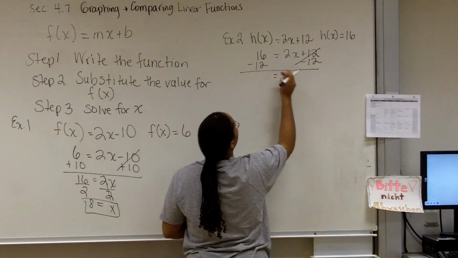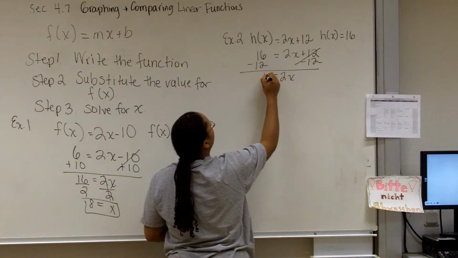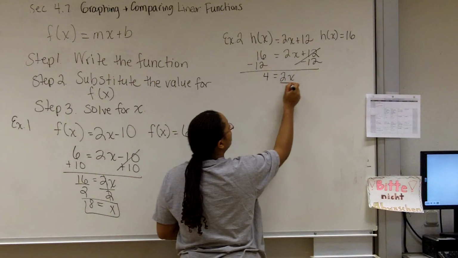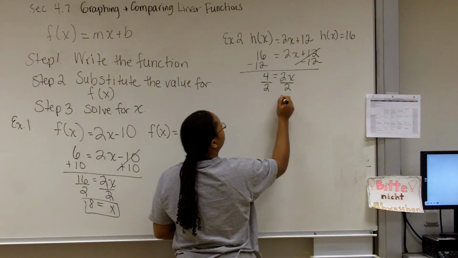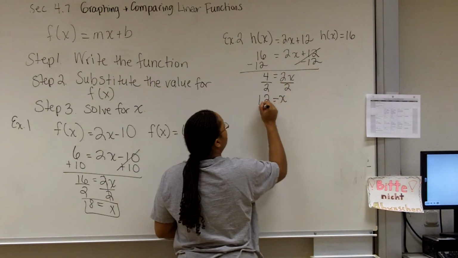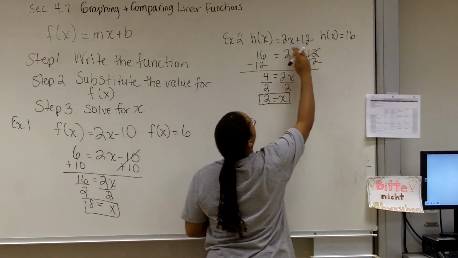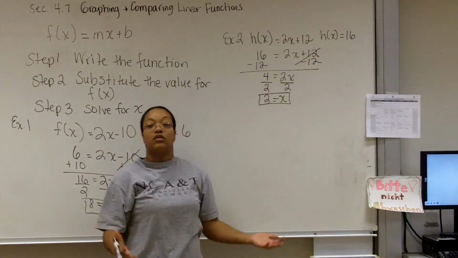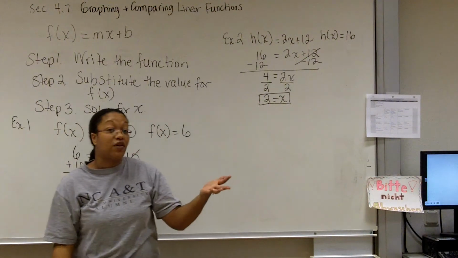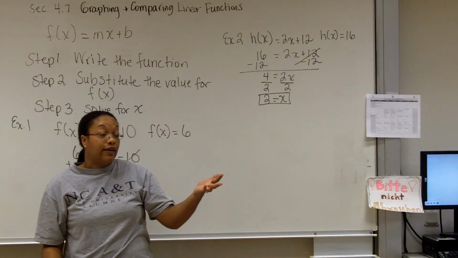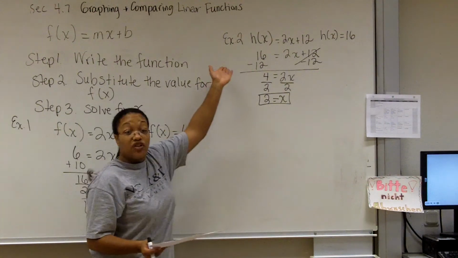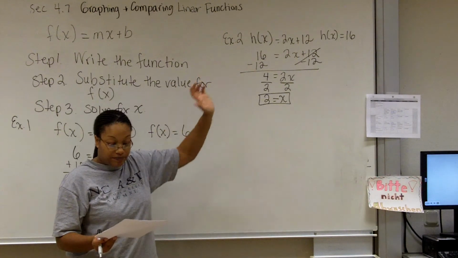Bring down that 2x. 16 minus 12 is 4. 2 times x, got to get rid of the 2, divide. So, for this function to equal 16, my x has to be 2. That's all it is. So when you see those problems in your next class, because that's what I'm going to assign them, this is what you do. You're just solving for x.